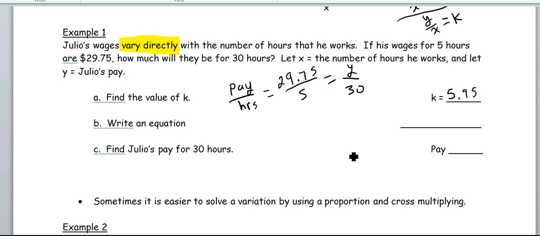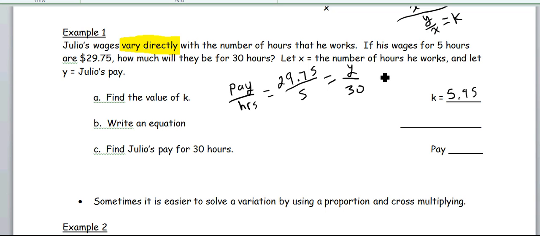If I did the cross multiplication, 30 times 29.75 gives me $892.50, and then I divide by 5, I come up with my answer here.